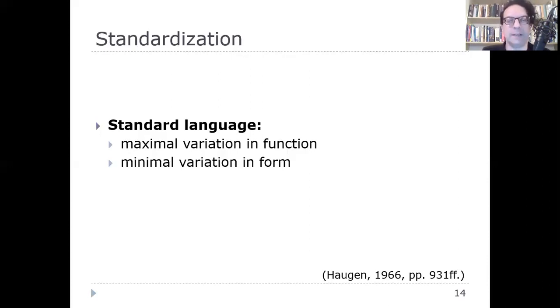If you think of the English language right now, we have maximal variation in function, which means we can say anything we want to say in any genre you can think of right now in English. And there's minimal variation in form. That means there's usually a correct way of spelling a word and not more than one correct way of spelling a word, for example.